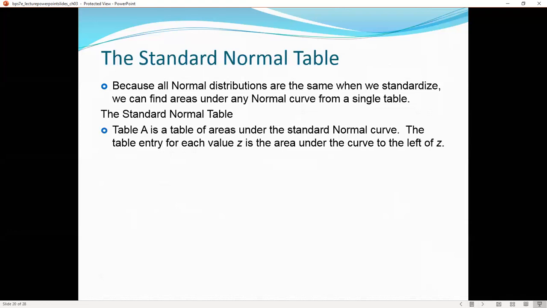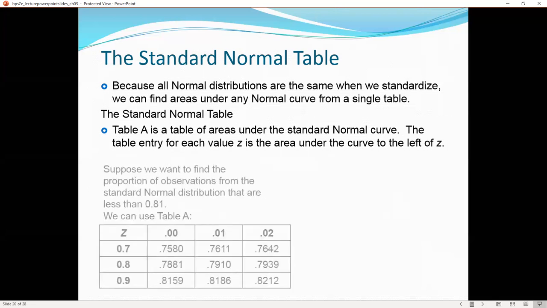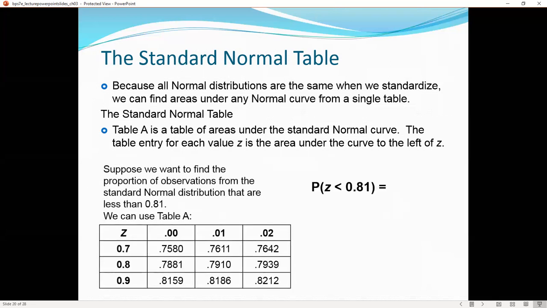Table A is a table of areas under the standard normal curve. The table entry for each value z is the area under the curve to the left of z. Suppose we want to find the proportion of observations from the standard normal distribution that are less than 0.81. We can use table A.